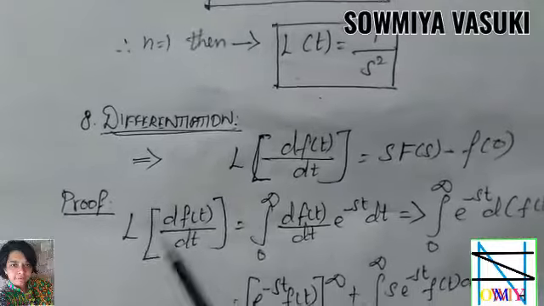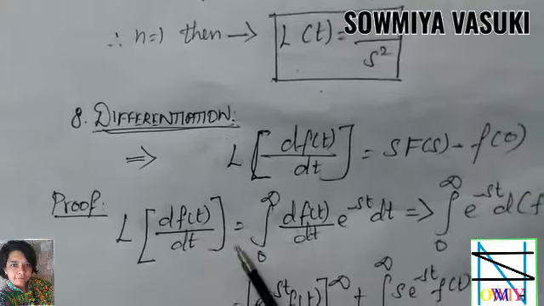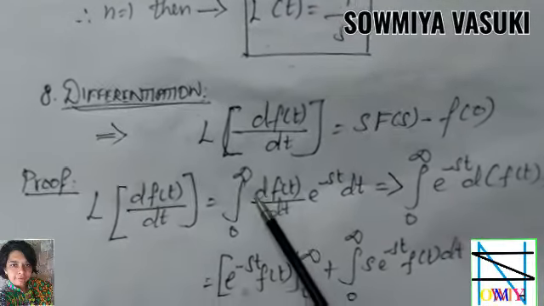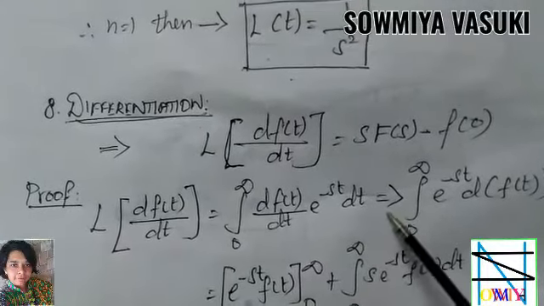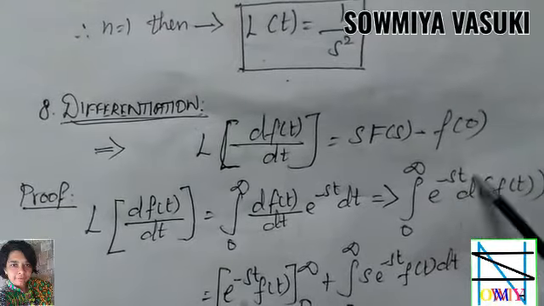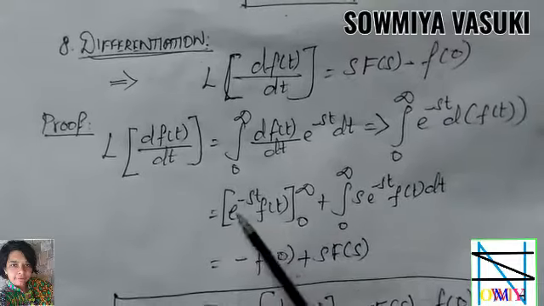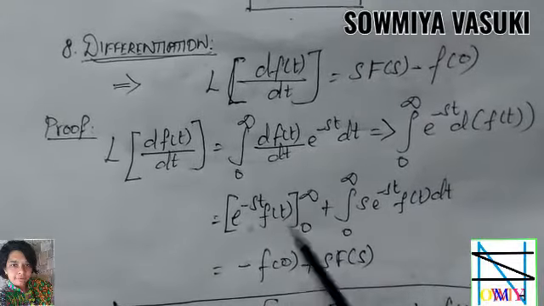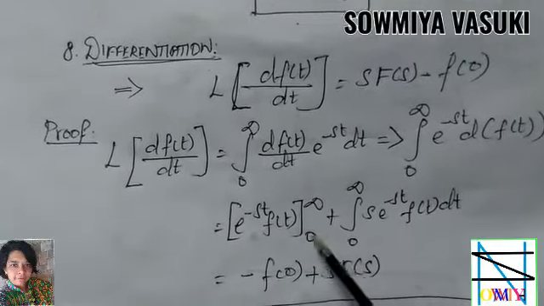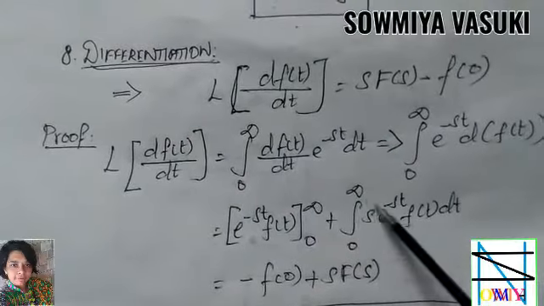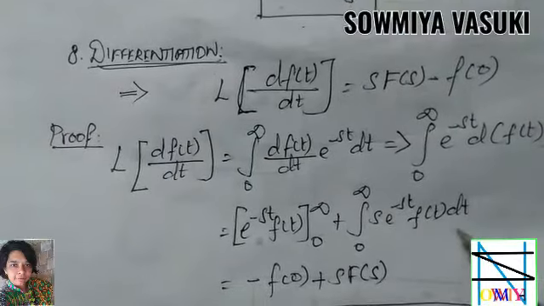So proof. L of df(t)/dt is equal to the integral from 0 to infinity of df(t)/dt e^(-st) dt, equal to the integral from 0 to infinity of e^(-st) df(t). Equal to e^(-st) f(t) over the limits 0 to infinity, plus the integral from 0 to infinity of s e^(-st) f(t) dt.